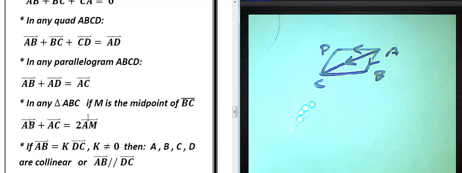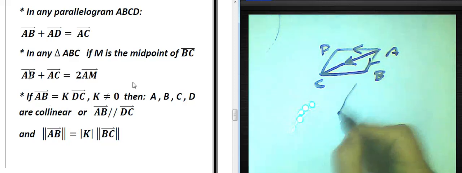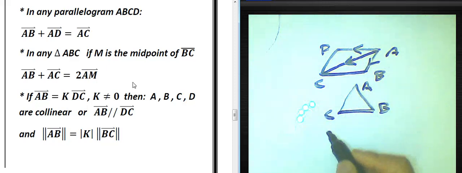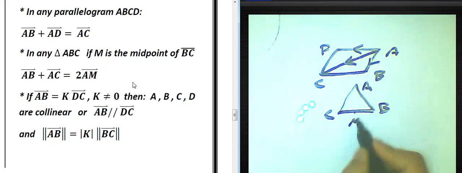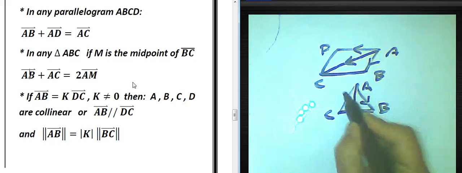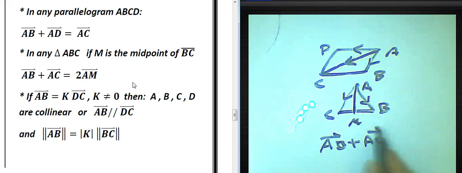In any triangle ABC, if M is the midpoint of BC, then vector AB plus vector AC equals twice vector AM.